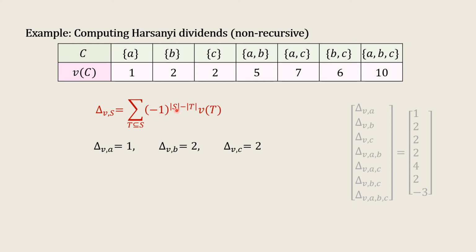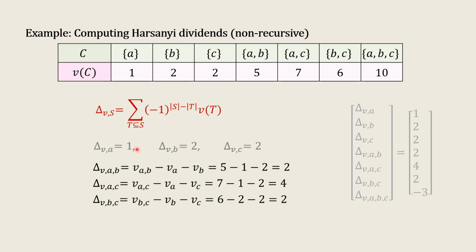Negative 1 to the 0 is 1, and the value of the subset A is 1. So this delta A is 1. Likewise, delta B is 2 and delta C is 2.